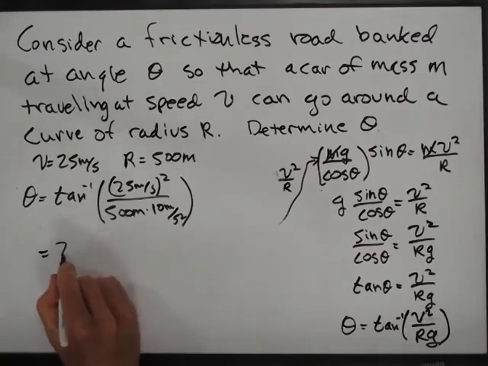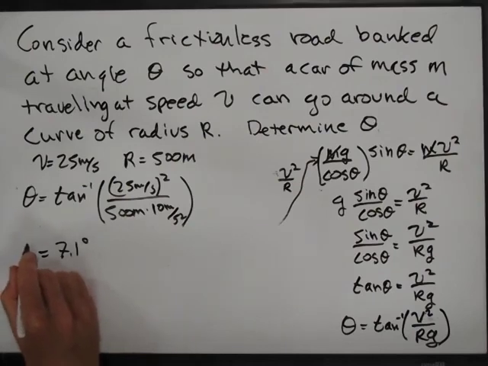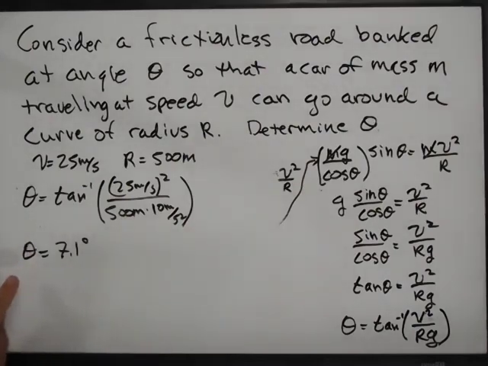I get about 7.1 degrees. So when the road is tilted at this angle, a car going at 25 meters per second will make it all the way around the curve without sliding off.